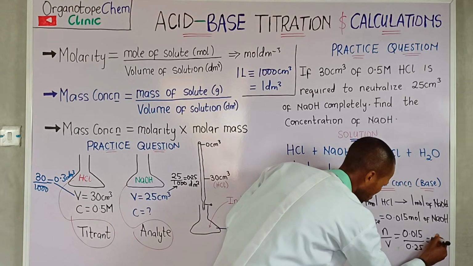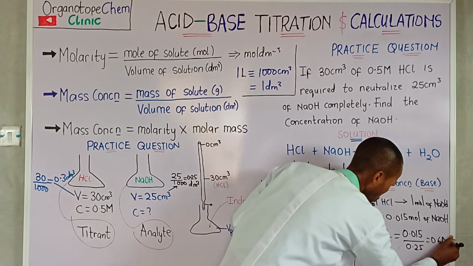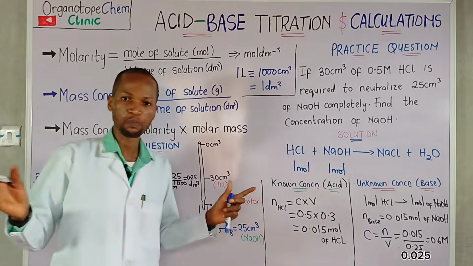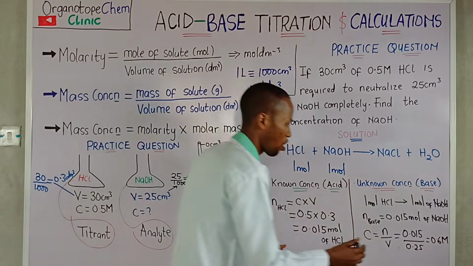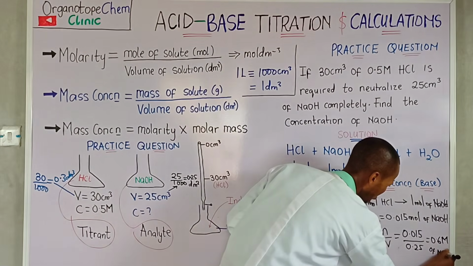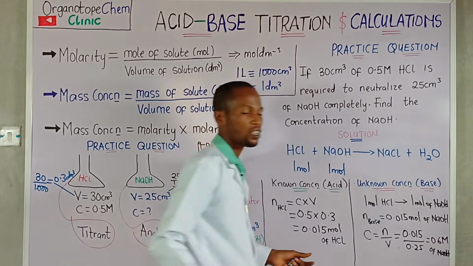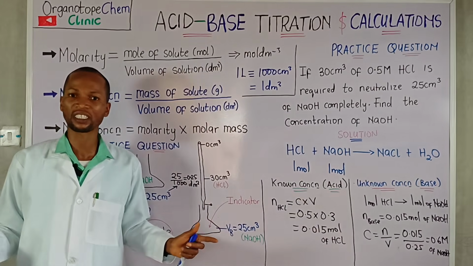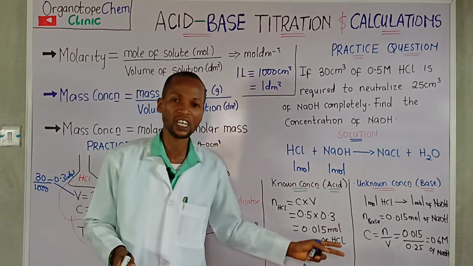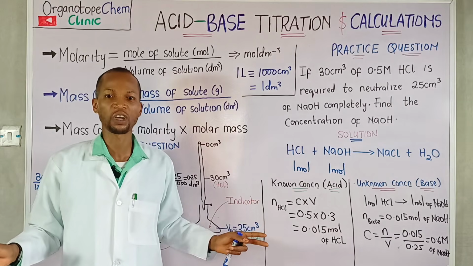So this will give 0.6 molar or 0.6 mole per dm cube of sodium hydroxide. So we've been able to determine the concentration of sodium hydroxide for this titration.